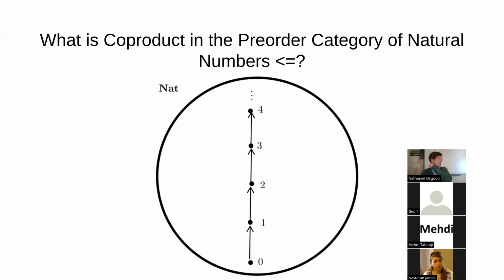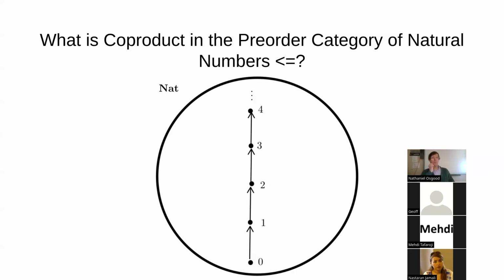One of the motivations for doing this in the closing minutes of class is because we went through these at the beginning of class. So you may remember this from the beginning of class for the product. What was the product in this, where an arrow from object A to object B means B is greater than or equal to A? In other words, A is less than or equal to B. So 1 is less than or equal to 2 here. Do you remember what product was here?